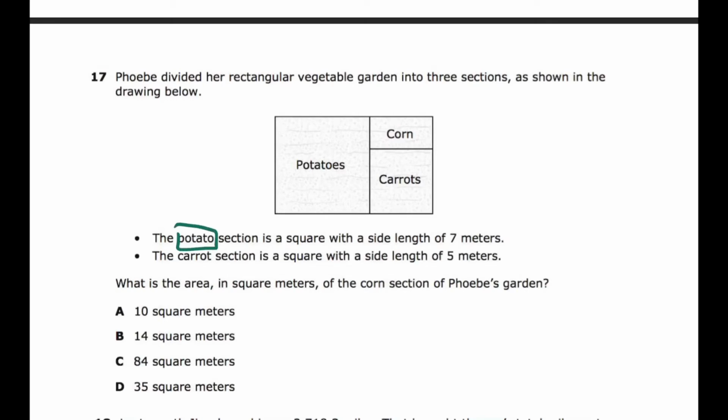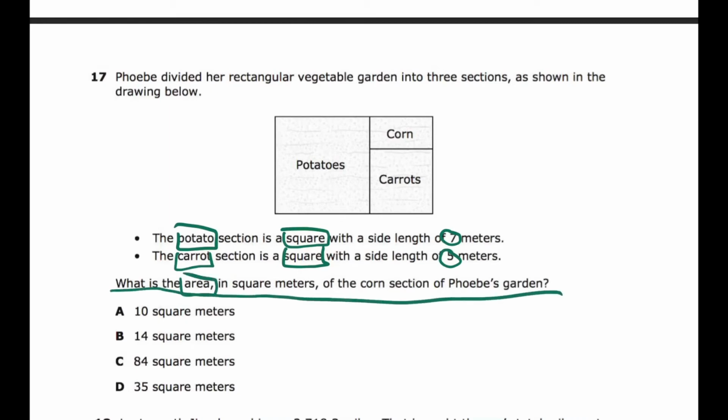The potato section is a square, that's important, with a side length of 7 meters. The carrot section is also a square with a side length of 5 meters. What is the area of the corn section? So in class, I boxed that, but I left it alone. Wanted to see what you guys would do with it.